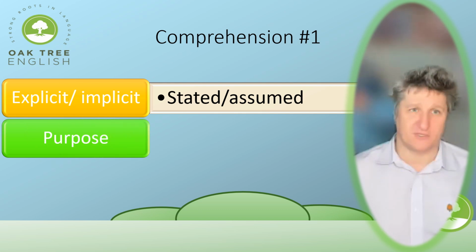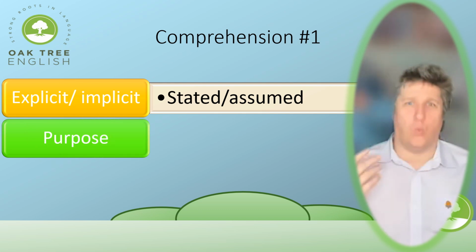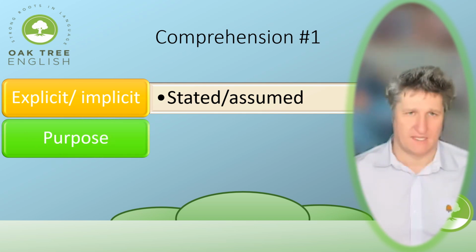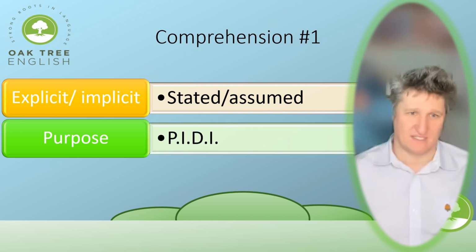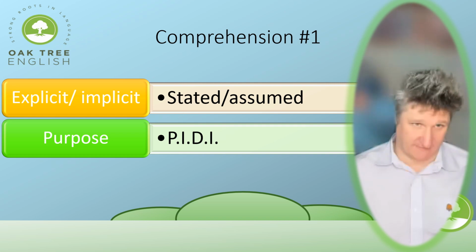Next one is purpose. Purpose are questions about why a text was written. The 4 main groups here can be remembered using the term PIDI, P-I-D-I. Persuasive, informative, descriptive, and instructive.